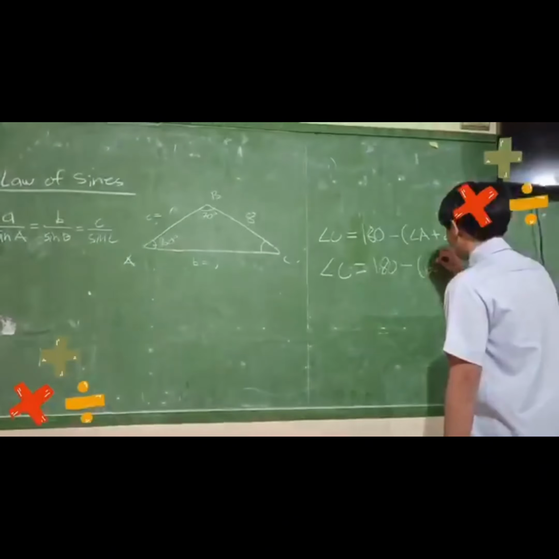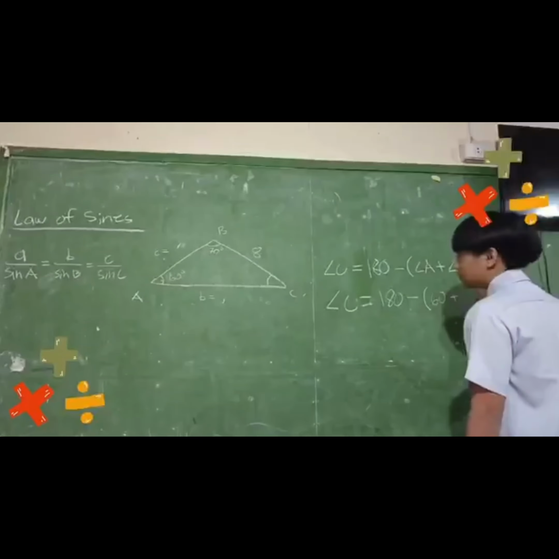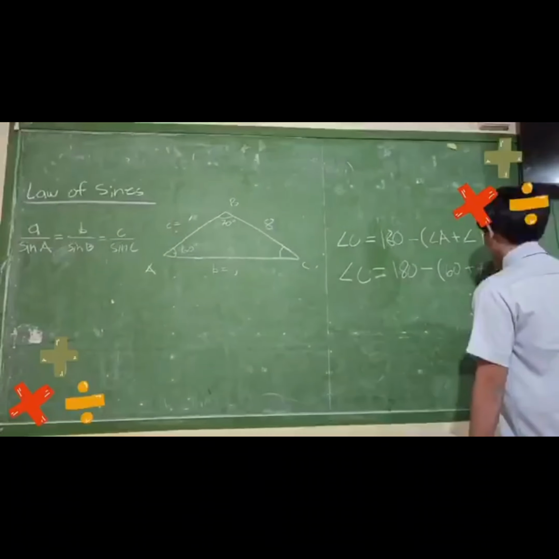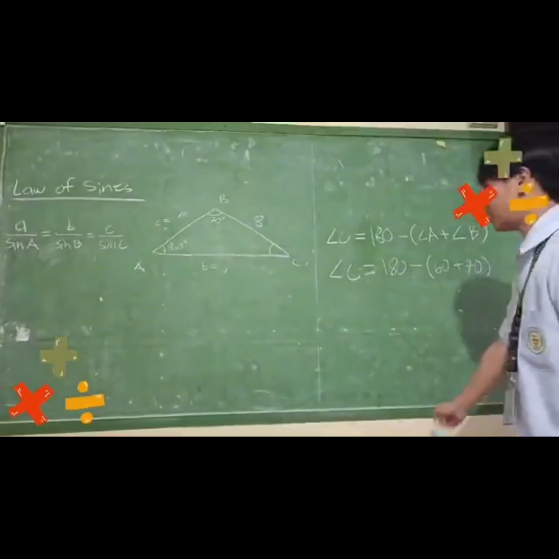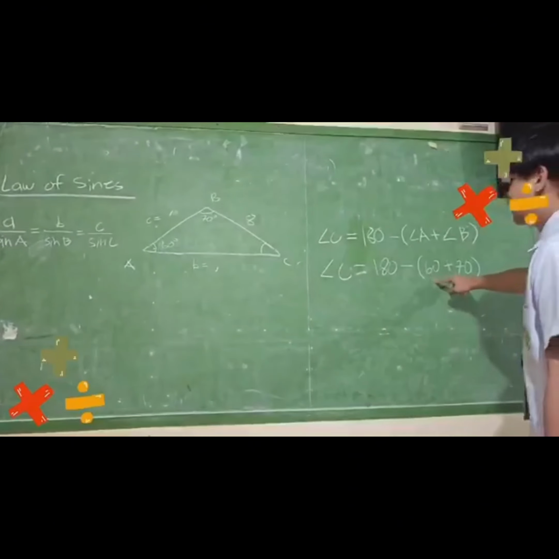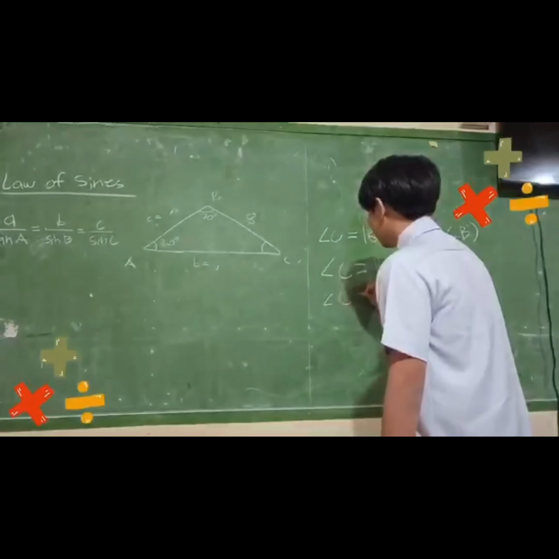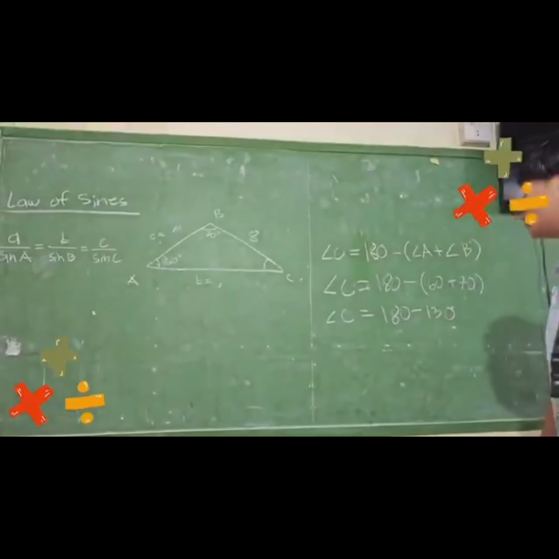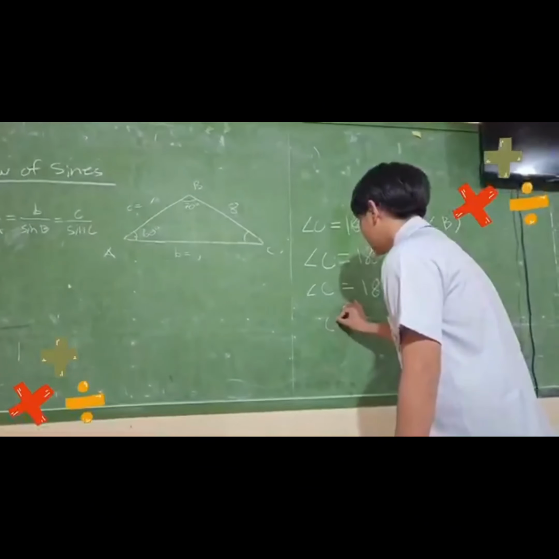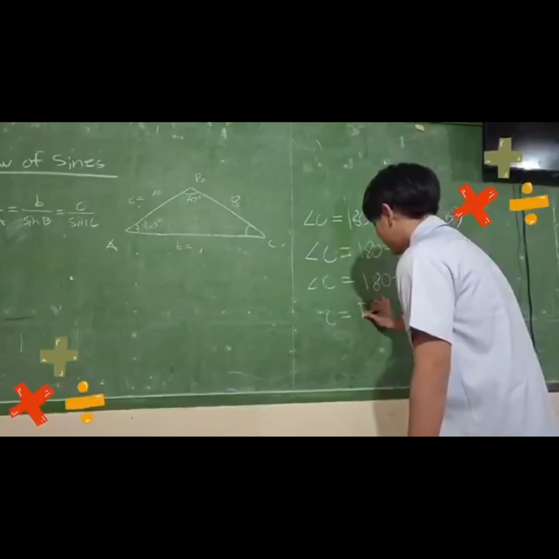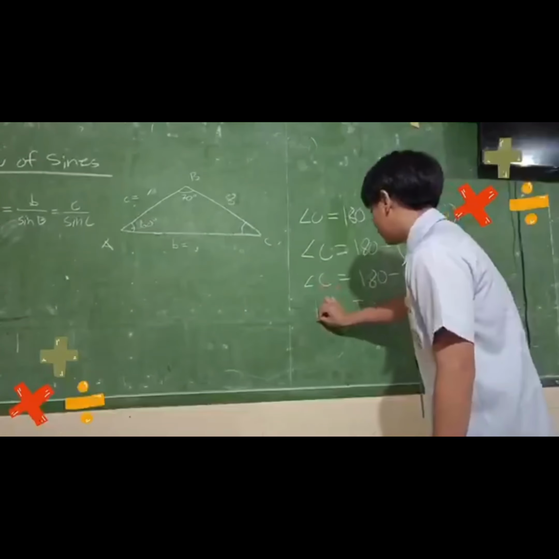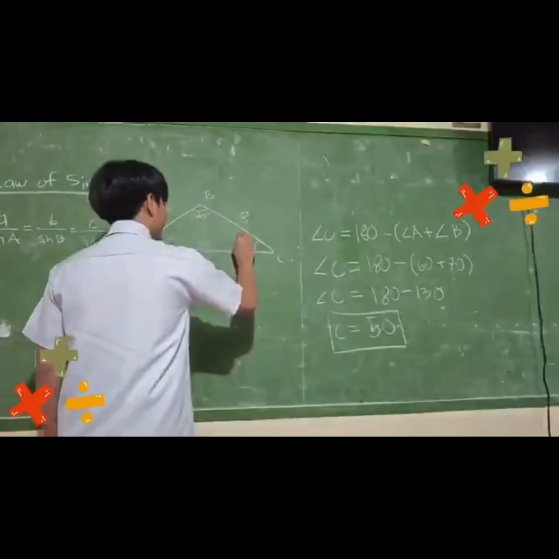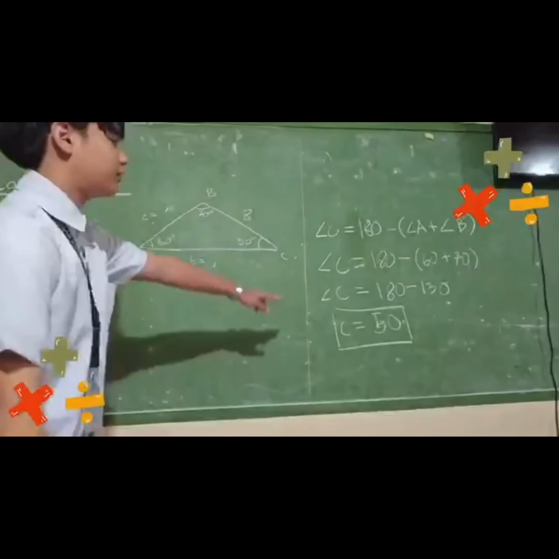Angle A is 60, which makes our parenthesis here become 130. So 180 minus 130 is 50. So our answer here is going to be 50. That's just the first part.